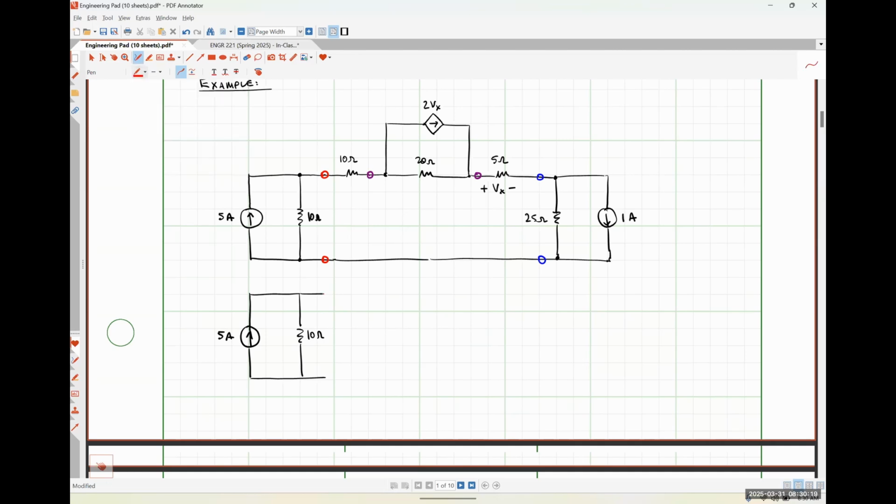I'm going to draw those red terminals so I know where to reconnect this. This is going to transform into what? A 50-volt source in series with a 10 ohm resistor.